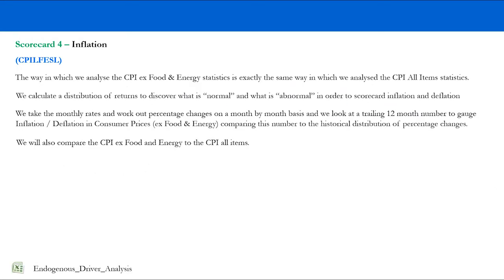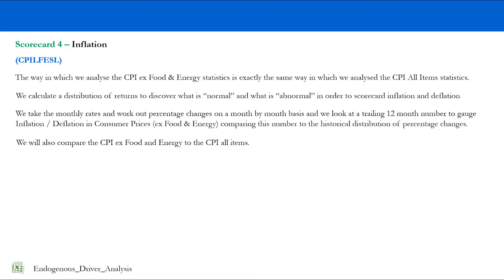The way in which we analyze the CPI X food and energy stats is exactly the same way in which we analyze the CPI all items stats. We calculate a distribution of returns to discover what is normal and what is abnormal in order to scorecard inflation and deflation on our scale.